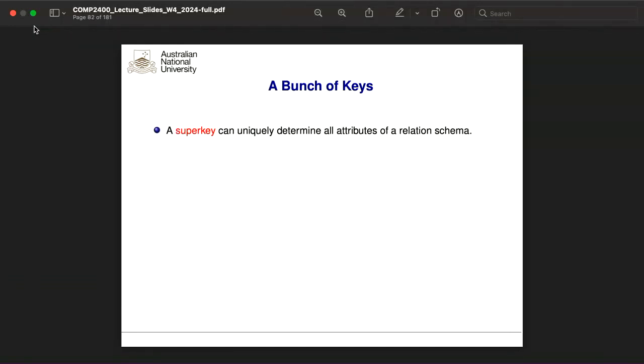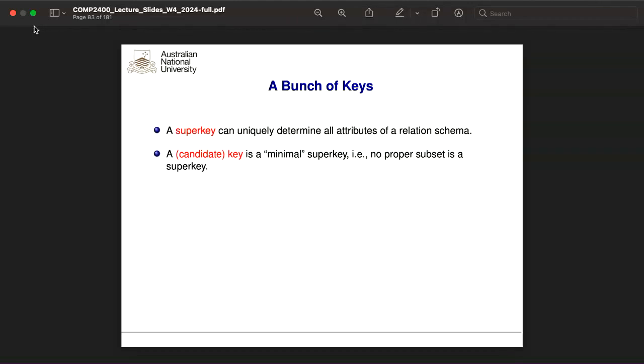So in the video, you have seen several different kinds of keys. So for example, super key. What is a super key? The idea is very simple. A super key can determine all other attributes in a relation schema. Then there is another concept we call candidate key, or simply just call key.